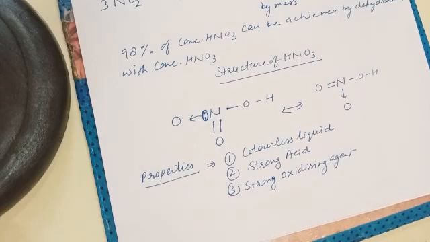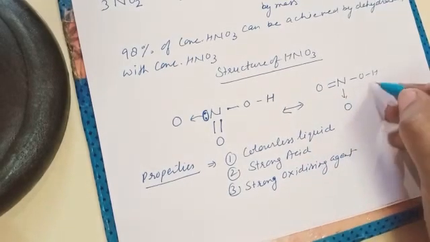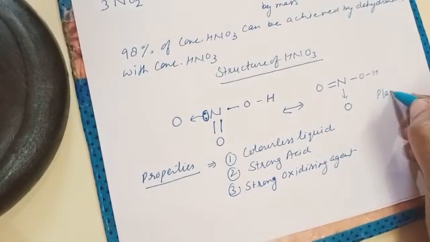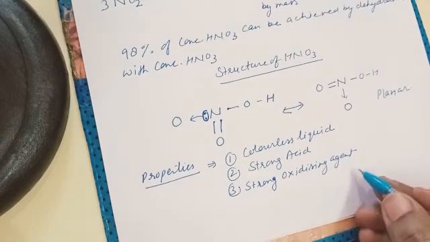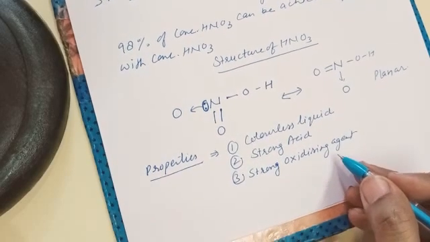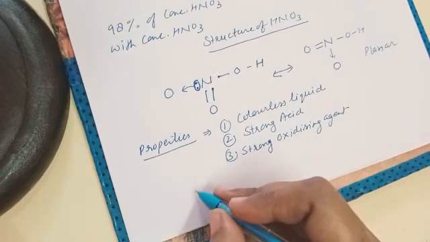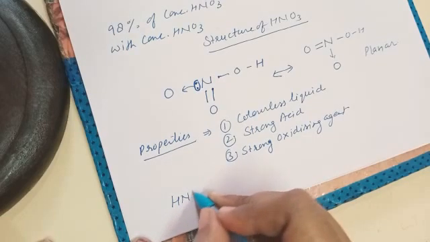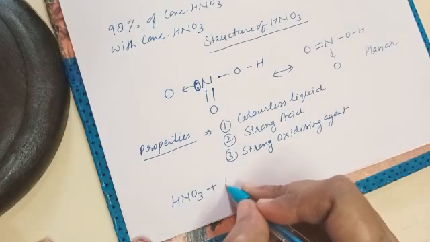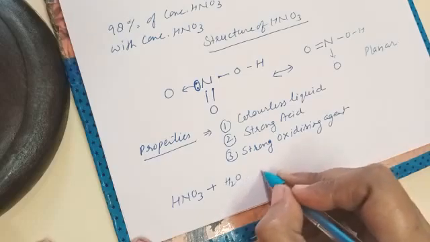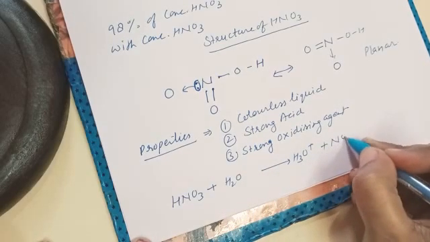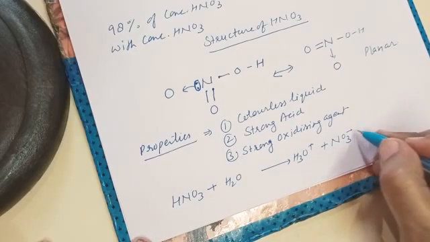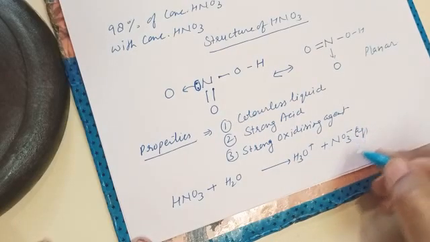The structure is planar. It is a planar molecule. And HNO3 acts as a strong acid when it reacts with water. HNO3 when reacting with water gives hydronium ion plus NO3 ion in aqueous form.